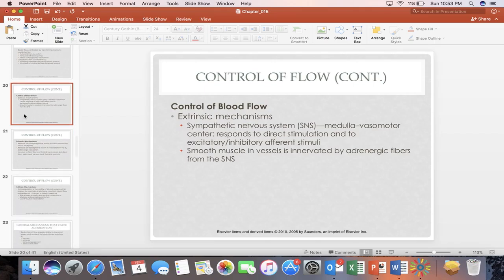There are intrinsic and extrinsic controls of blood flow. Extrinsic mechanisms include the sympathetic nervous system and also smooth muscle in the vessel innervated by the adrenergic fibers from the sympathetic nervous system.